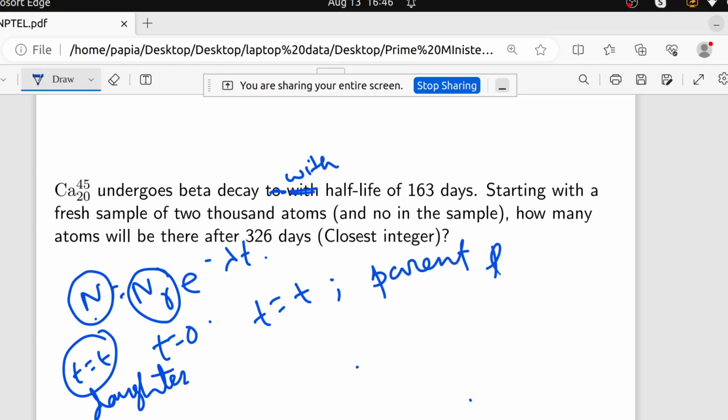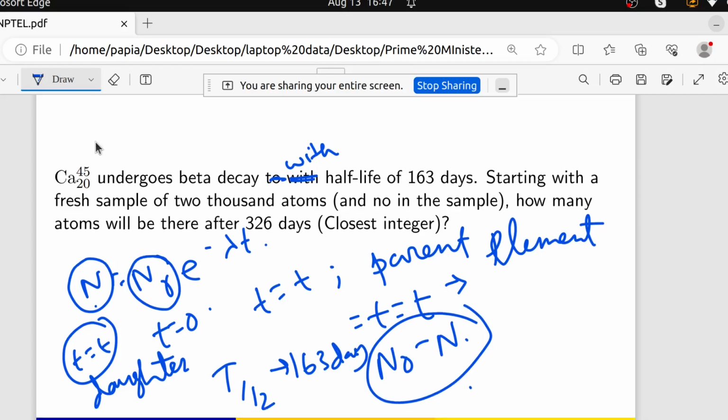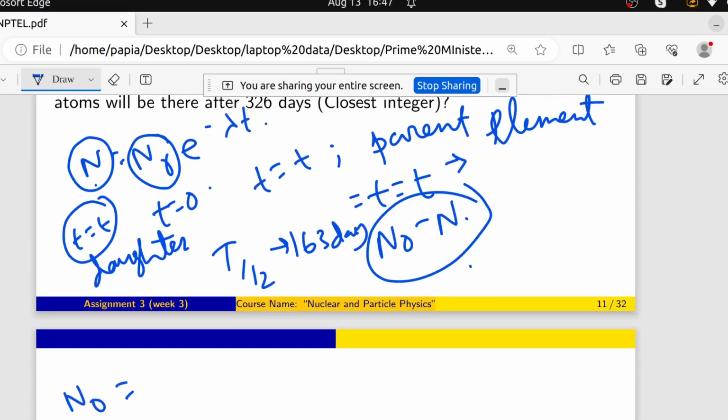Parent element will be N0 minus N. Now, what is given here? T half is 163 days. N0 is given, because it says starting with a fresh sample of 2000 atoms. So N0 is 2000.